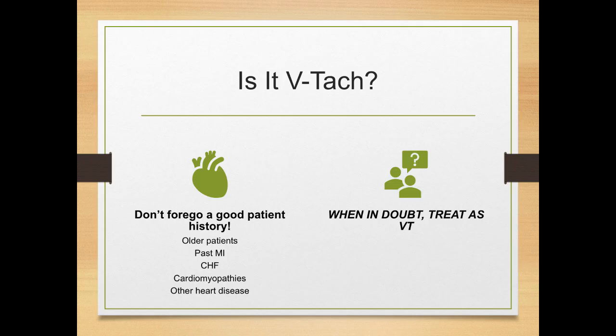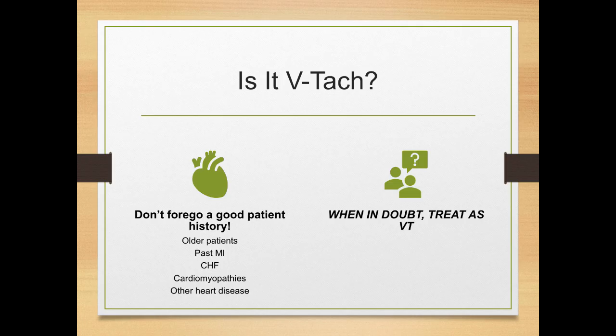They have a cardiac history, past MI, CHF, cardiomyopathy, heart disease. It's probably V-Tach. So pay attention to your patient history. Don't forego that patient history, because that's going to tell you most of what you need to know, even though it looks weird on the 12 lead, weird on your EKG. Your patient history is going to be paramount.